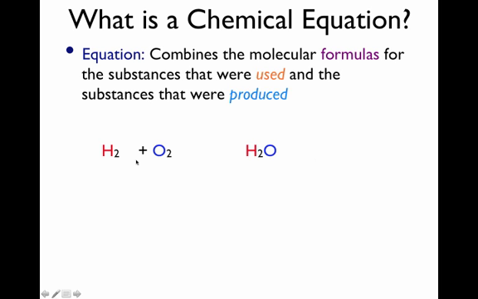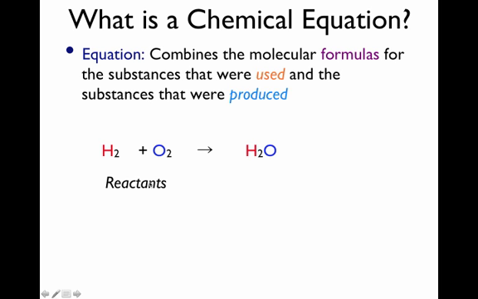So here, this doesn't look much different than what I showed you on the previous slide, and it isn't. But here are the formulas for the materials that you started with, the formulas for the materials that you ended with, and instead of an equal sign in between them, as you would see in a mathematical equation, you separate them by an arrow. So here's the stuff I started with, and somehow it was turned into the stuff that I ended up with, and there's the arrow.